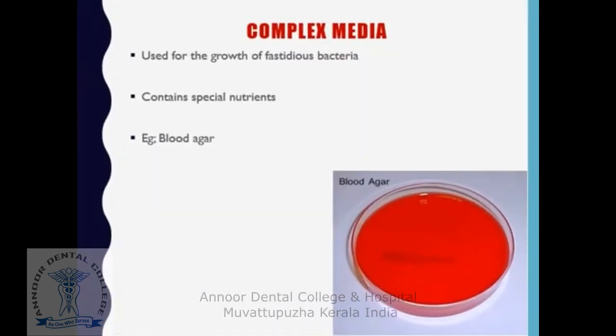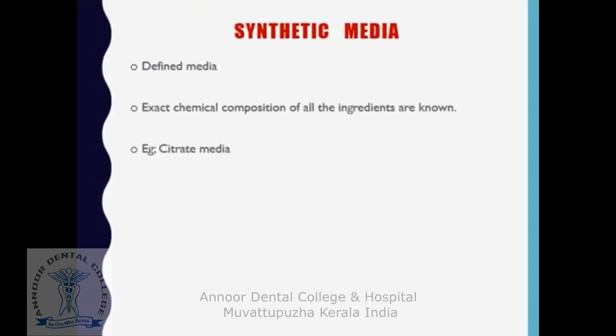Complex media is used for the growth of fastidious bacteria, that is, bacteria which require special nutrients. So this media also contains something special. A common example is blood agar media, which contains blood as a special ingredient. The term synthetic or defined media indicates we know the exact chemical composition of the ingredients used in this media.